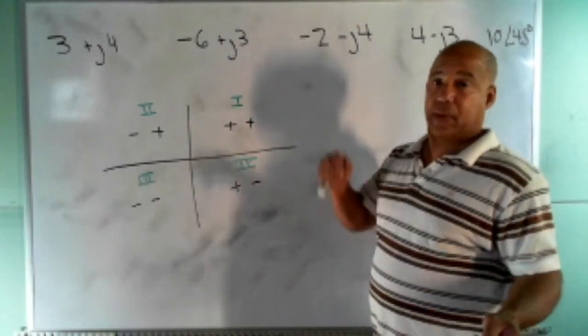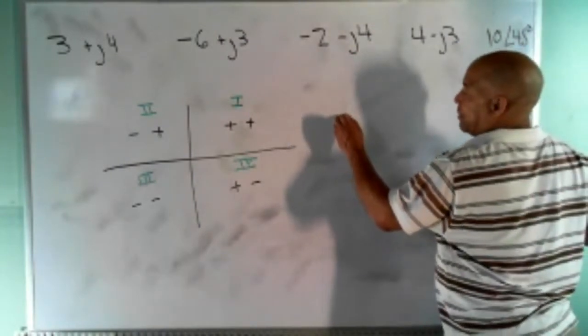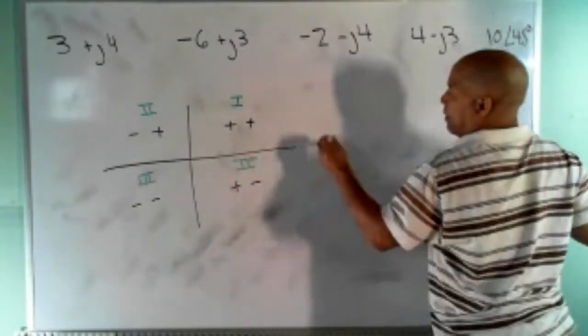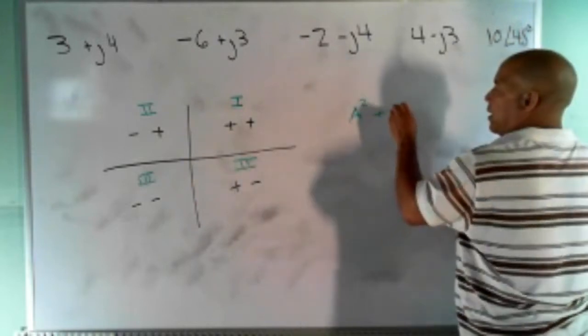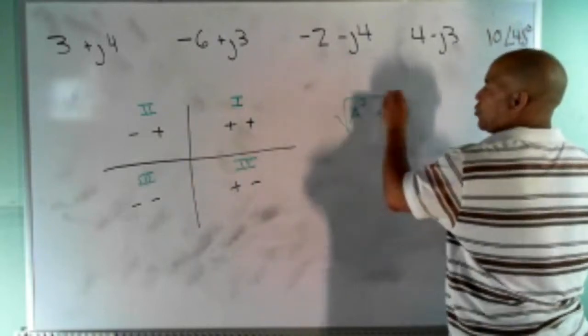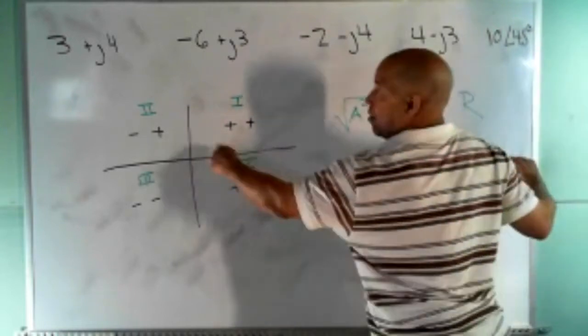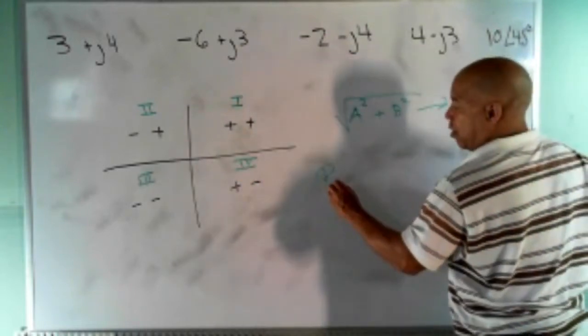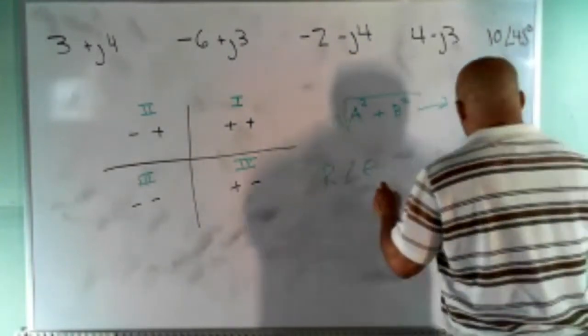Okay, so when I convert to polar, what I got to do is take this number A and square it plus this number B and square it. You gotta take the square root of it. That's how I get R. But polar is the R and the angle. So this gives me the R, but to get that angle, that's where the problem is.